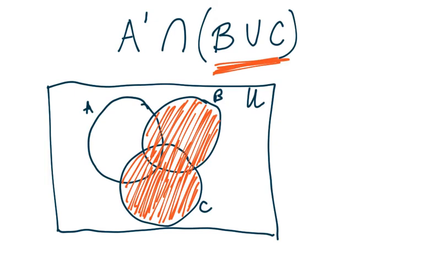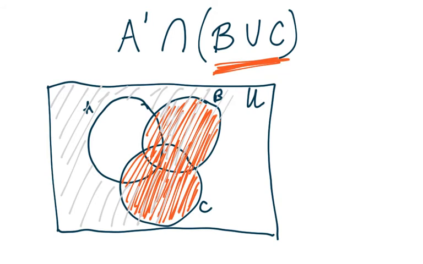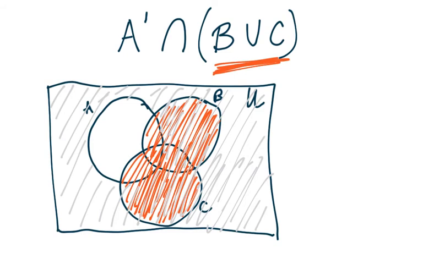So I'm going to lightly shade that in gray, like a light gray. So A complement is everything that is not in A. So we get parts of B and C in that. Okay, so that's A complement shaded in gray. So the intersection of A complement with the union of B and C is everything that has to be in both of them to count.